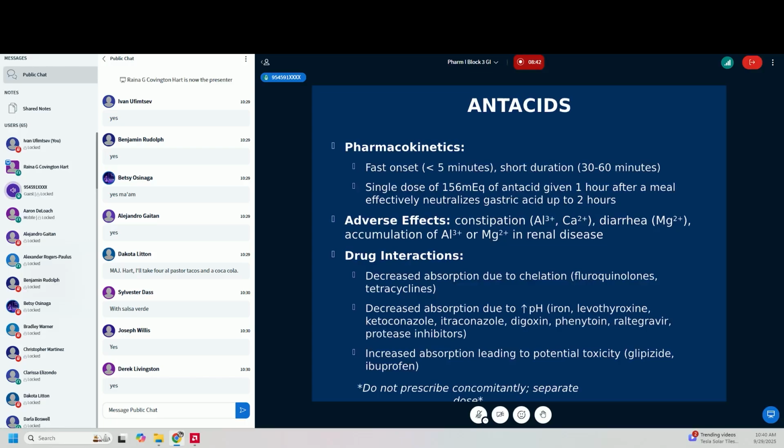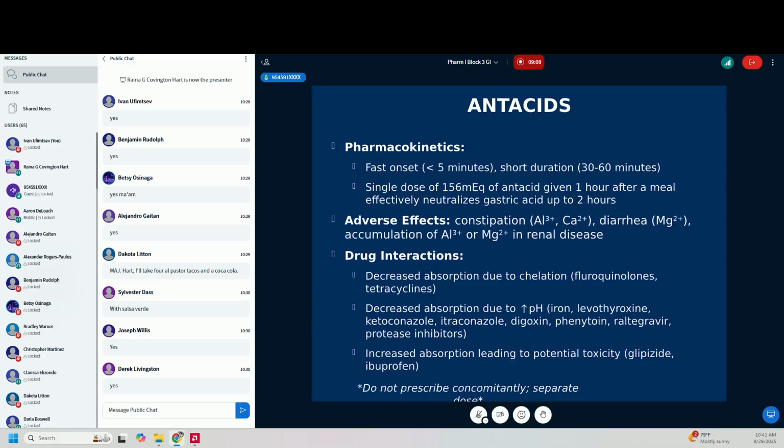So you see here the fluoroquinolones, our tetracyclines, you see that you can have an increase in pH, so that could affect some of your other medications that want to have a lesser pH to be absorbed. So you can see now those medications are having decreased absorption, which could then lead to toxicity or treatment failure, depending on what you're looking at in that patient.